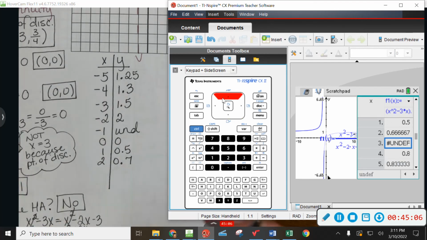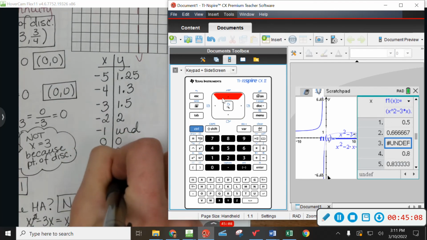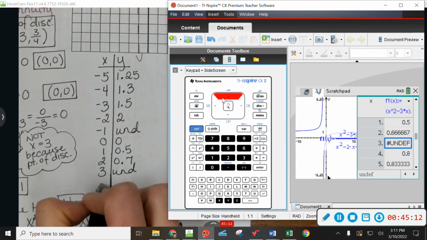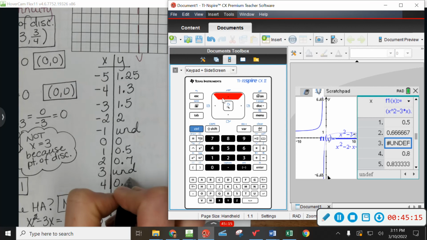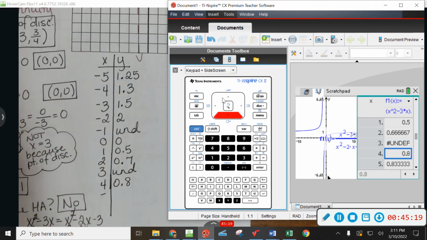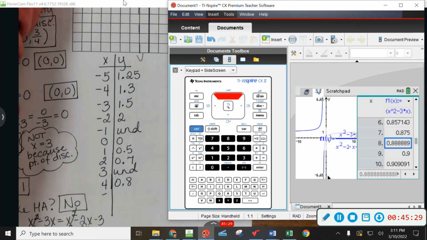So here, 3 is undefined. Four, 0.8. And it all starts getting closer and closer to 1. So I'm going to stop.